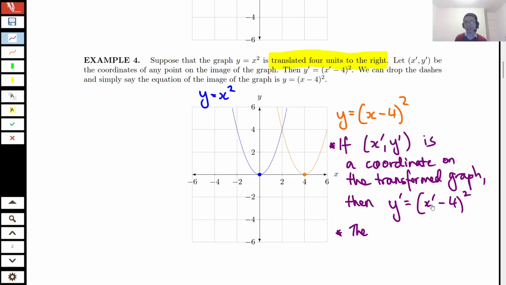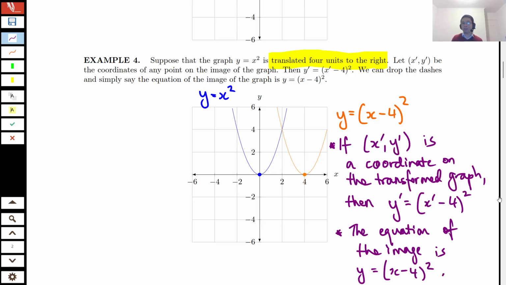First, y dash equals x dash minus 4 squared. And then they say the equation of the image, which is a transformed graph, is y equals x minus 4 squared. So a question that students will ask, which I can imagine you asking, is why can I drop the dashes here?